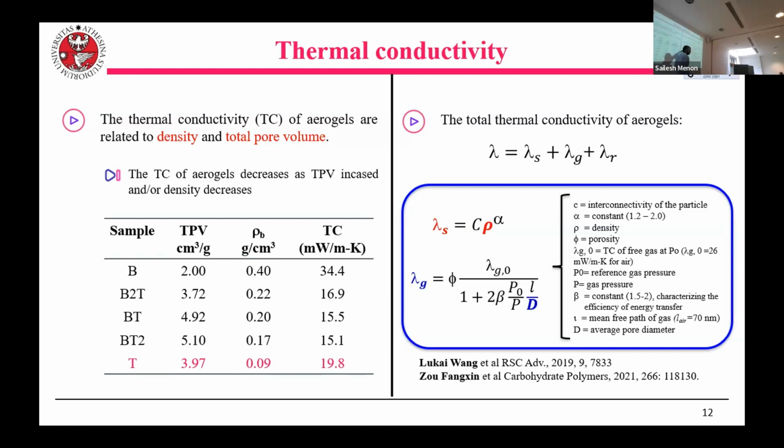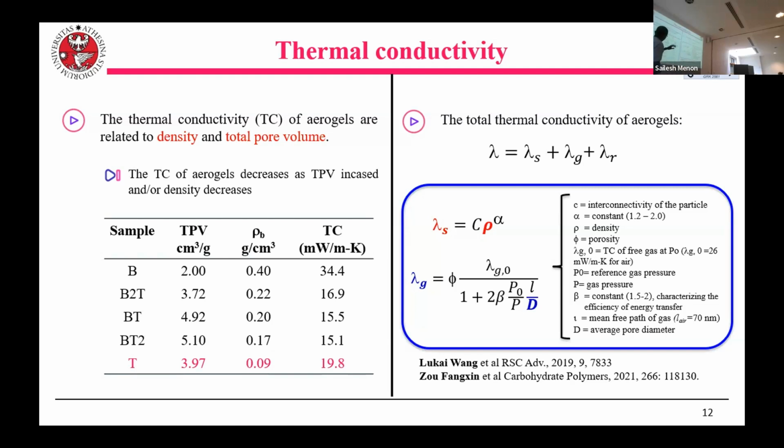If we also want to decrease the thermal conductivity through the gas phase, we need to produce a material that has very, very low pore size relative to the mean free path of the gas. If the pores are very small relative to the mean free path, the total thermal conductivity is more governed by the solid phase.